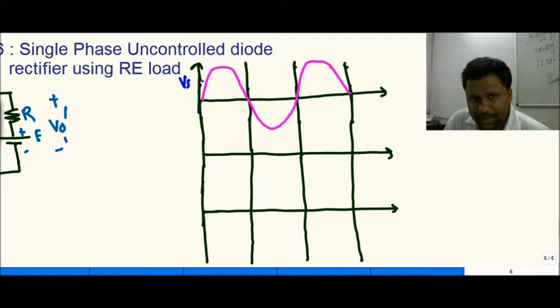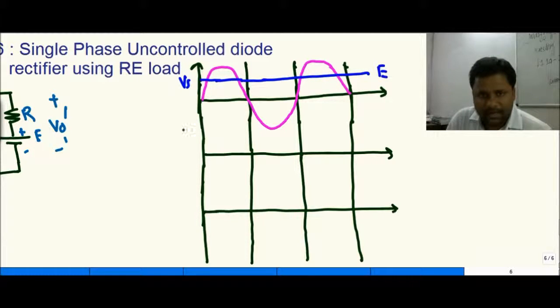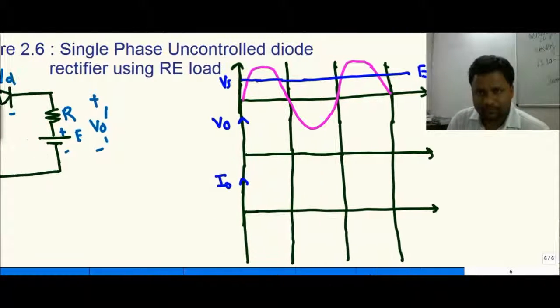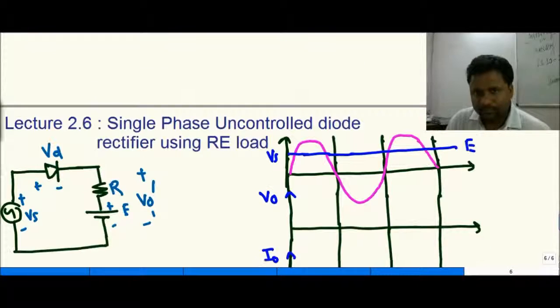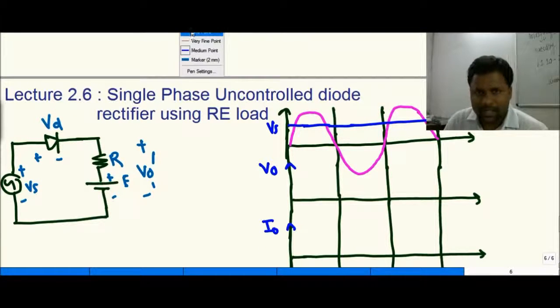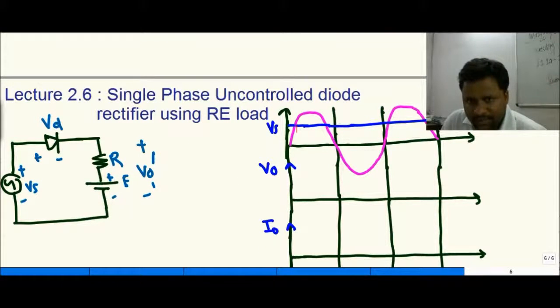This is the induced back EMF, or E, which is the constant DC line. This waveform shows the output voltage, and this shows the output current. Here I am taking two intervals, interval 1 and interval 2, called theta 1 and theta 2.